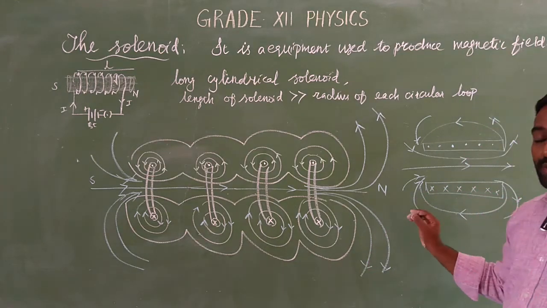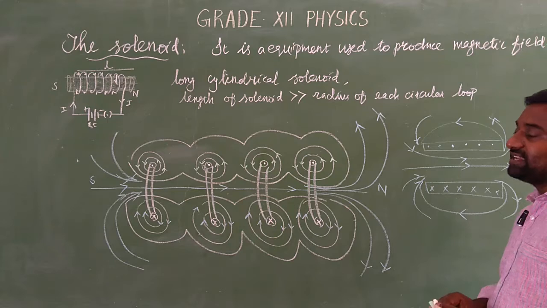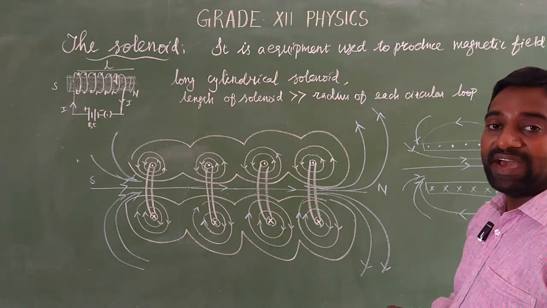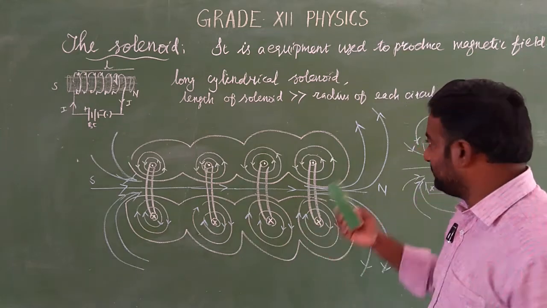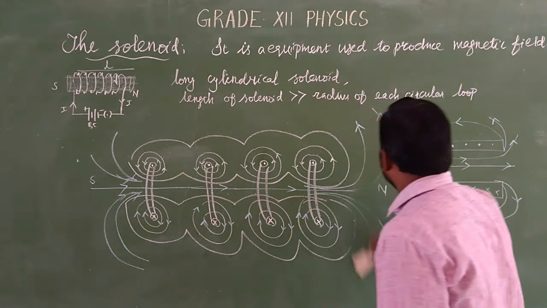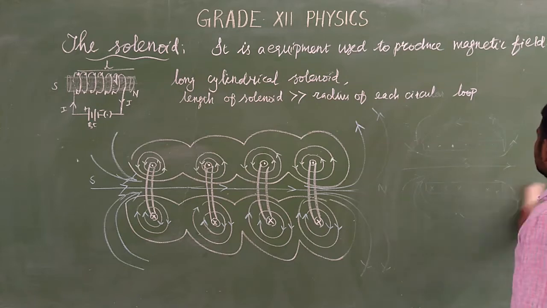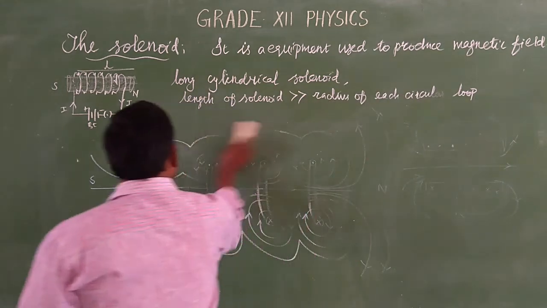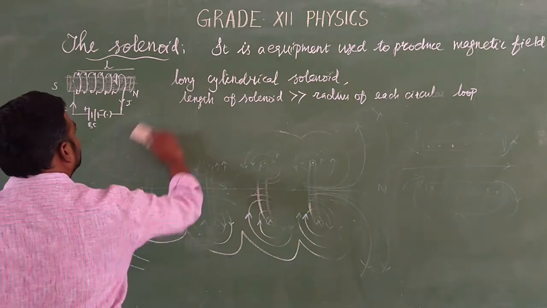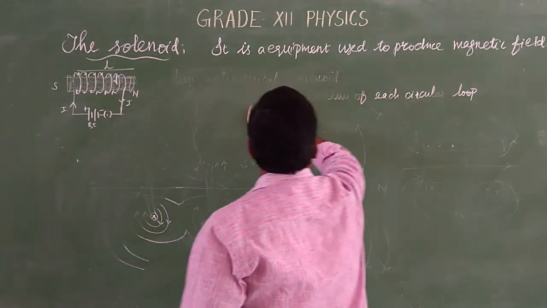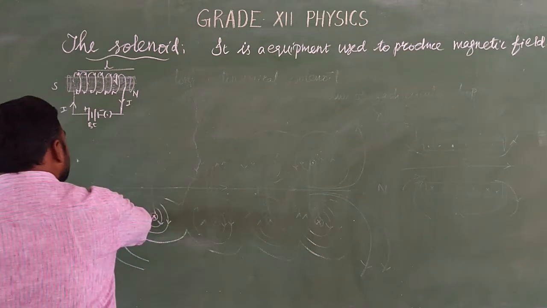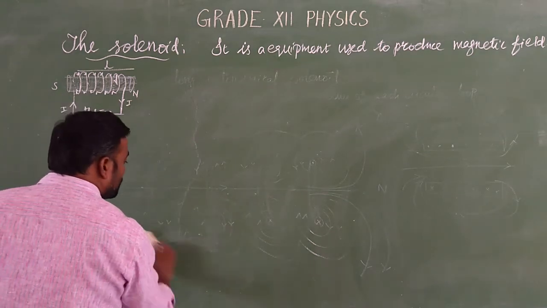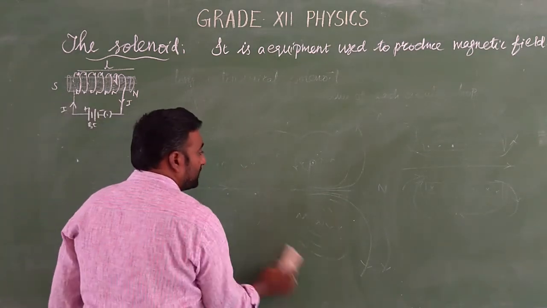Okay. So now we are going to find the magnetic field inside the solenoid. How to determine the magnetic field inside the solenoid with respect to the cross-sectional view itself. Basically, in a motor, like many devices, solenoid-like arrangements are used, either solenoid or toroid.